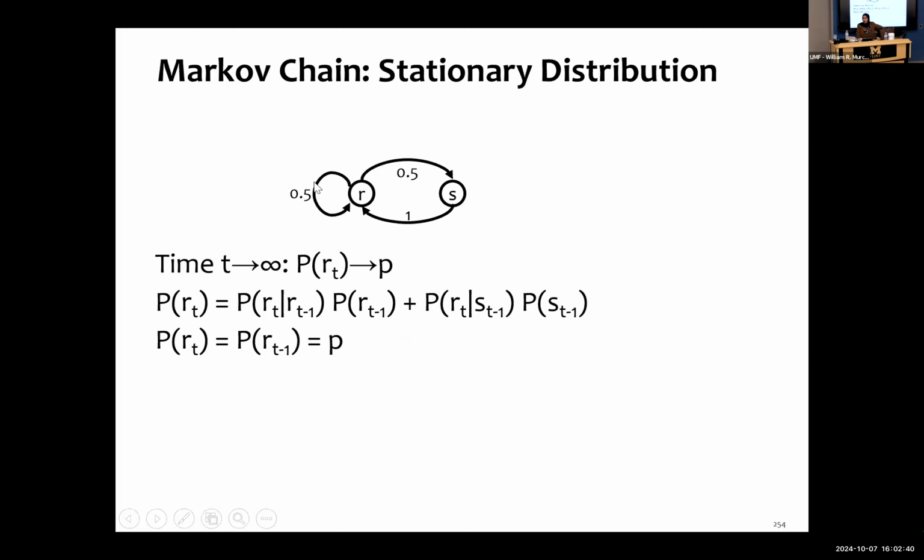So if the time goes up to infinity, the probability of R at each time t is also going to converge towards a fixed probability value, which is, let's say, P.